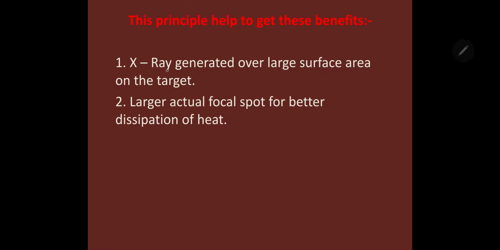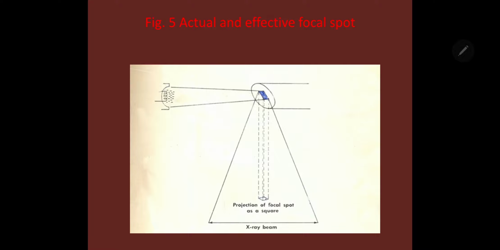Number one, X-rays are generated over a large surface area and a larger actual focal spot for better dissipation of heat. This is the actual focal spot, and this is regarded as the effective focal spot.